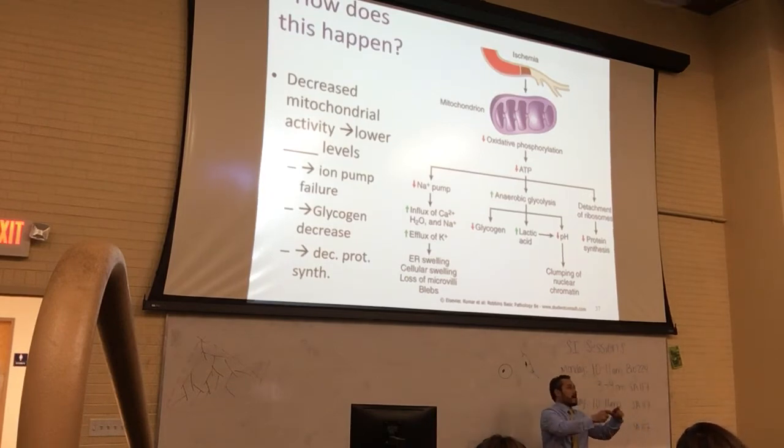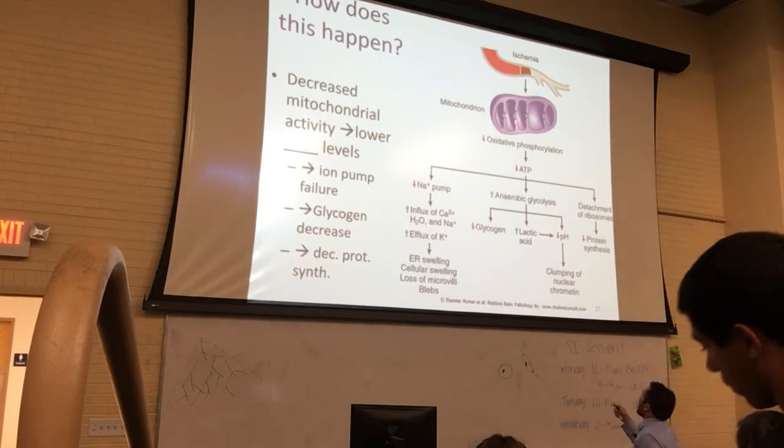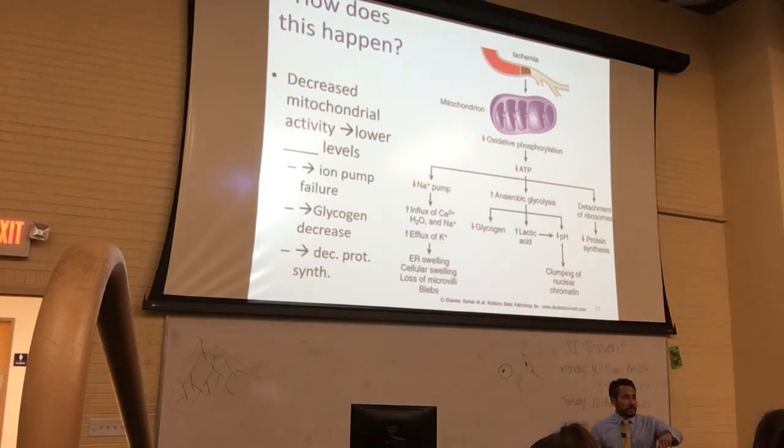mitochondria rely on that oxygen molecule in order for oxidative phosphorylation and the generation of significant amounts of ATP. So, at the level of the mitochondria, oxidative phosphorylation is compromised if you decrease blood flow, right?